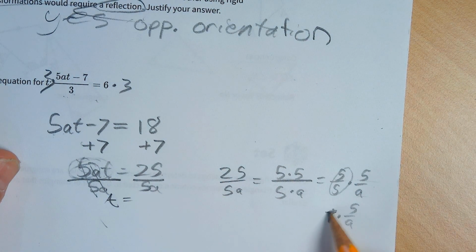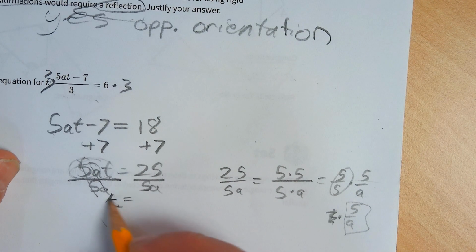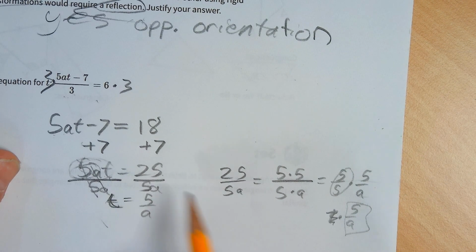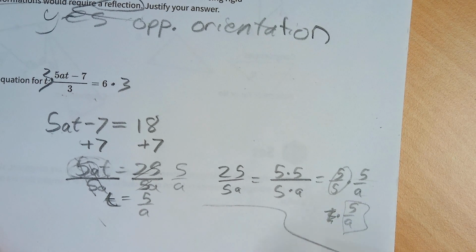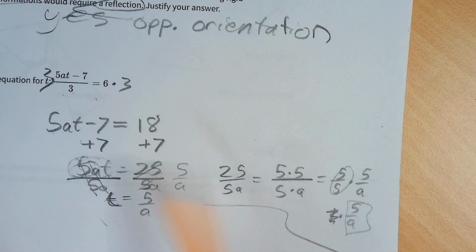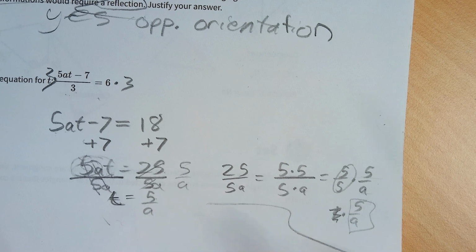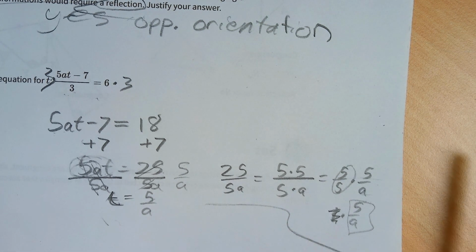Now that we have it written like this, do we even need to write that 1? Because 1 times anything is itself. So this is the thing we want. So t equals 5a. Another thing people do is they just cross these both out and write 5a. They don't write any of this. But I wanted you to see the logic behind why 25 divided by 5a is the same as 5 divided by a. Makes sense.